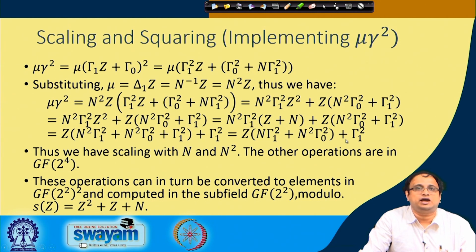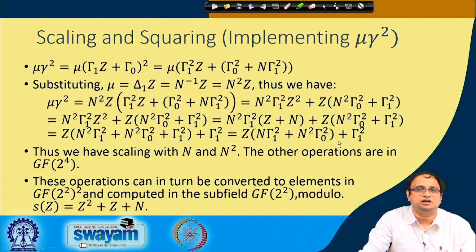Note that you can easily verify that I have got n squared gamma 0 square which comes here, but the other term, if I take gamma 1 squared, I will get n squared plus 1, and n squared plus 1 is nothing but n, because n squared plus n plus 1 is equal to 0. So this is your corresponding operation when you have done scaling and squaring.